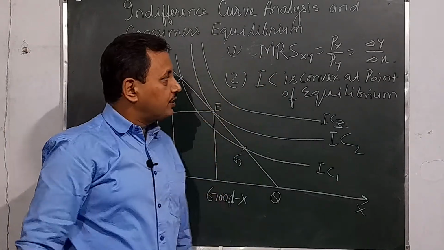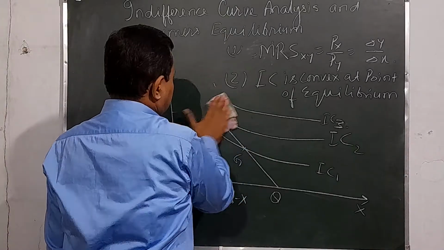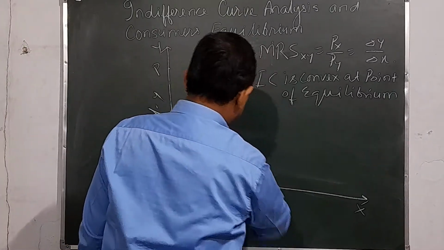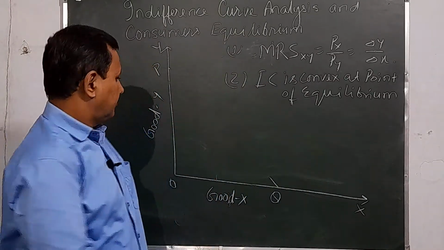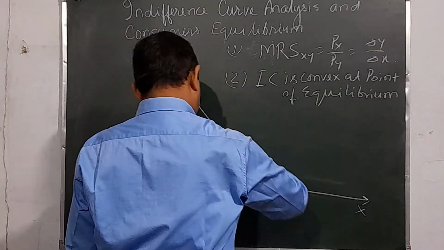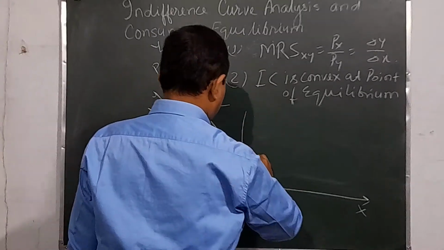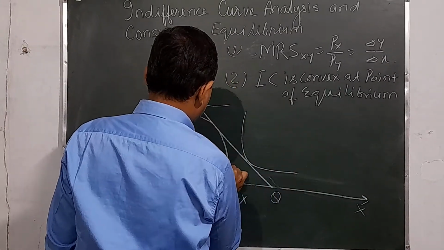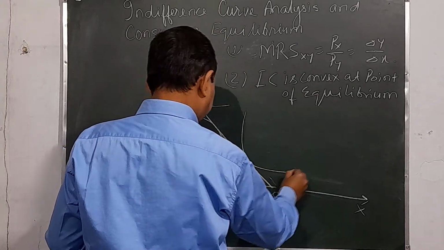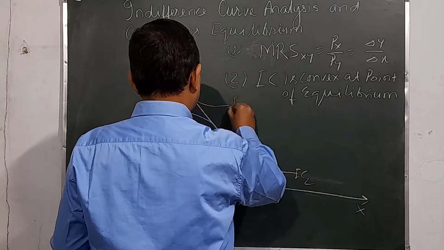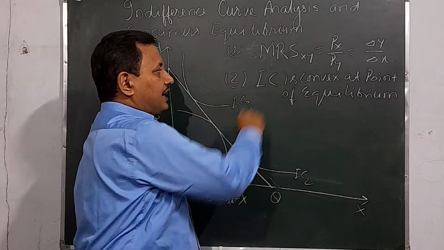Second, IC not convex at origin. Now, second condition, IC should be convex.